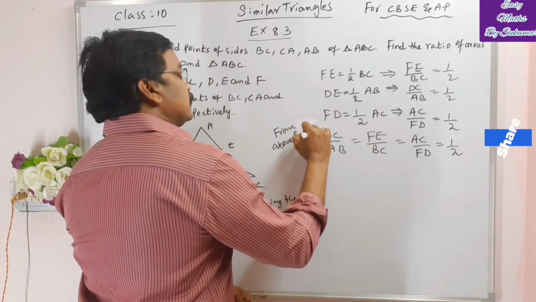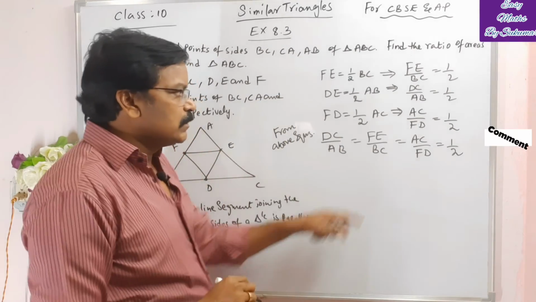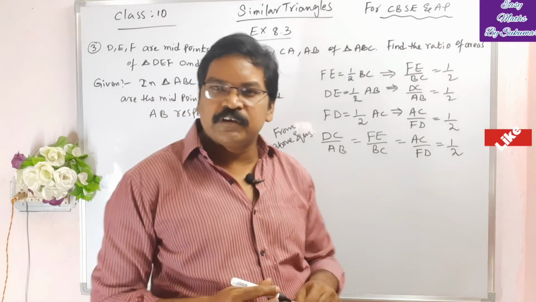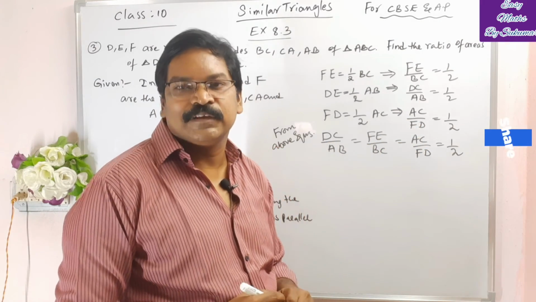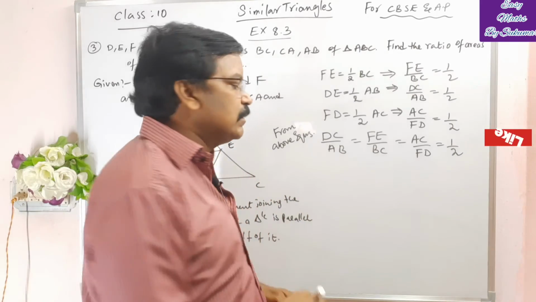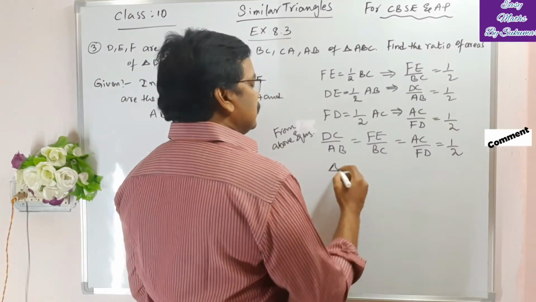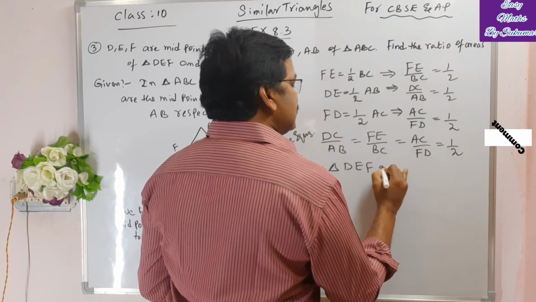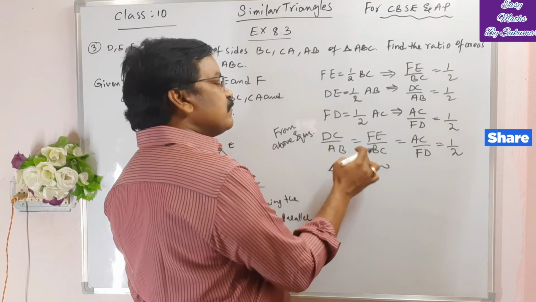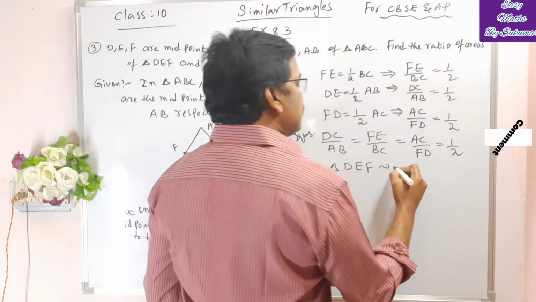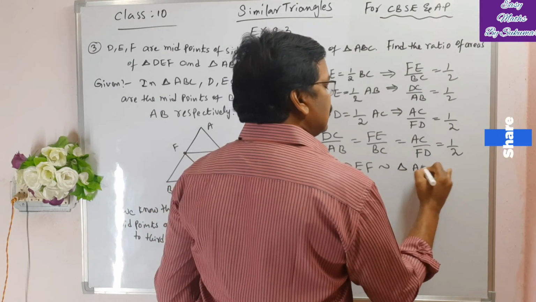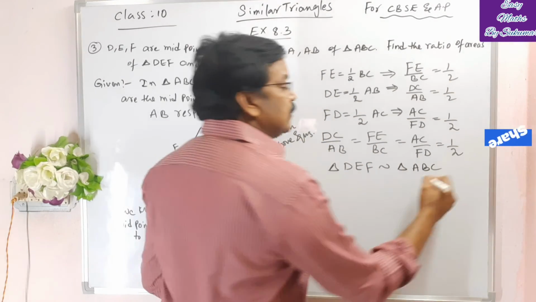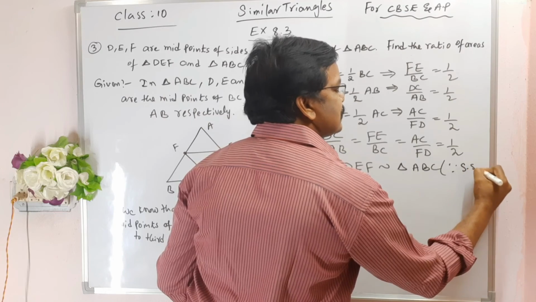All these ratios are equal, so the corresponding sides are proportional. That means triangle DEF is similar to triangle ABC, according to SSS similarity.